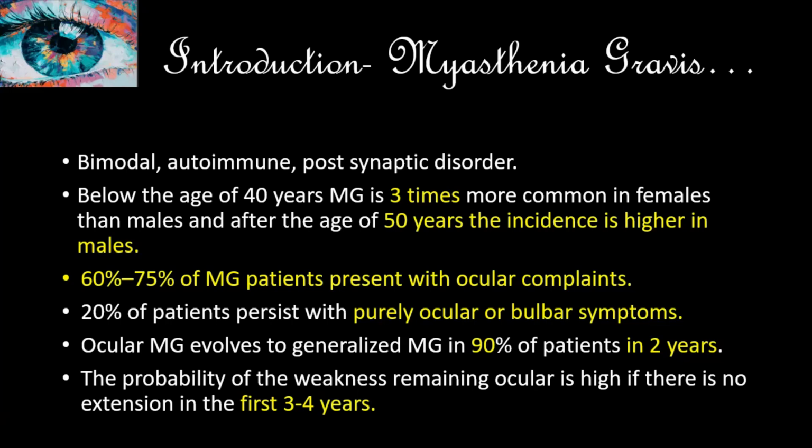As we all know, myasthenia gravis is an autoimmune disorder where antibodies are targeted against acetylcholine receptors. It is a postsynaptic disorder. One important differential diagnosis for myasthenia gravis is Lambert-Eaton myasthenic syndrome, which is a presynaptic disorder. How to differentiate myasthenia gravis from Lambert-Eaton myasthenic syndrome? In Lambert-Eaton myasthenic syndrome, autonomic features will be there, and post-exercise facilitation will be there.